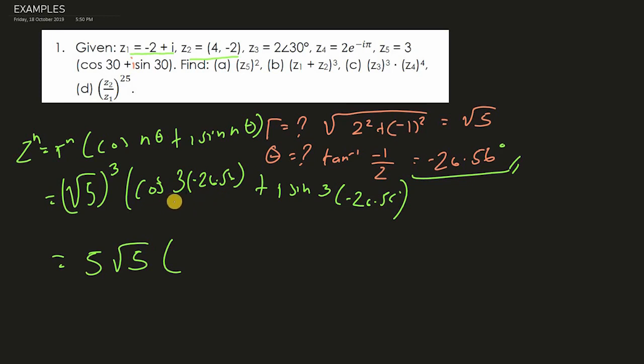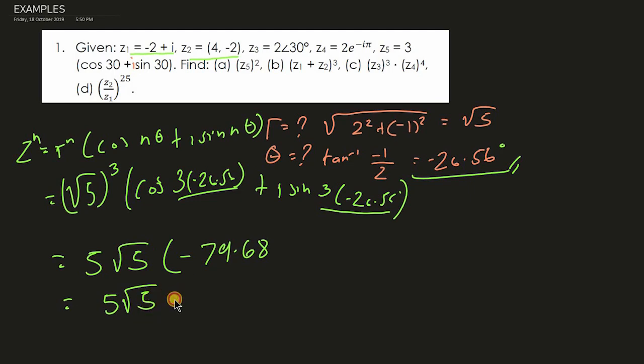Pero kapag gusto mong nasa polar siya, what you just need to do is to multiply this 3 times negative 26.56 is negative 79.68. Ang value nito ay same sa value nito.